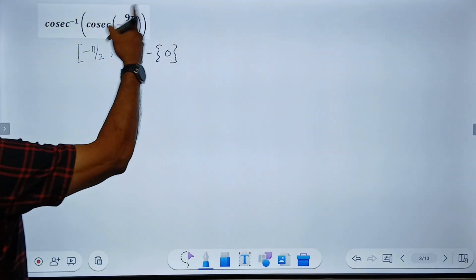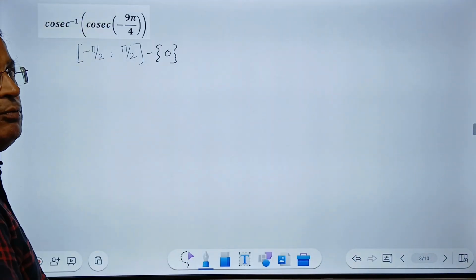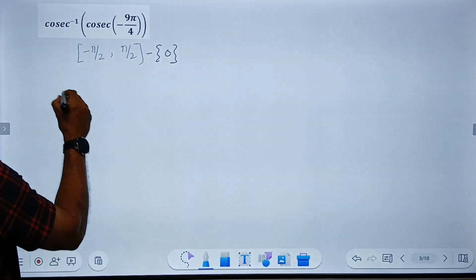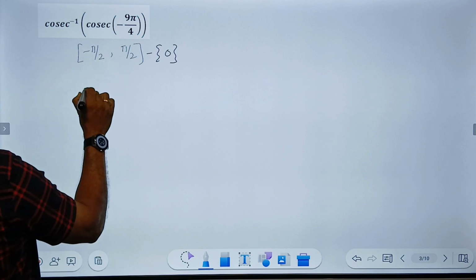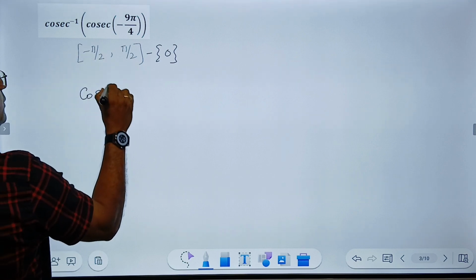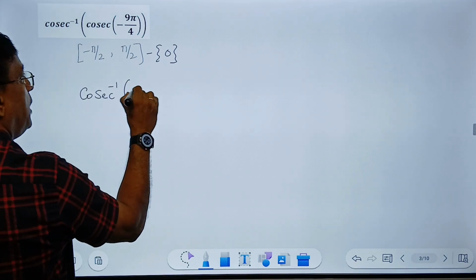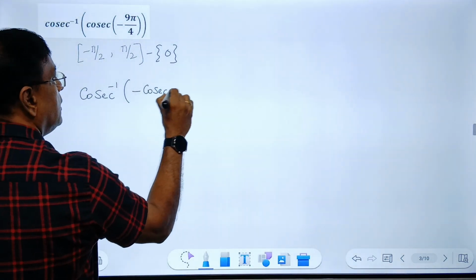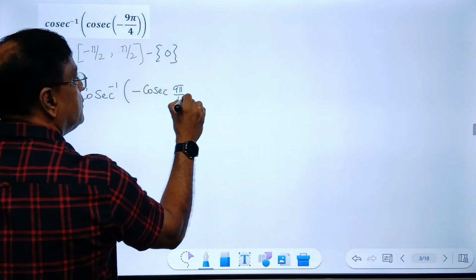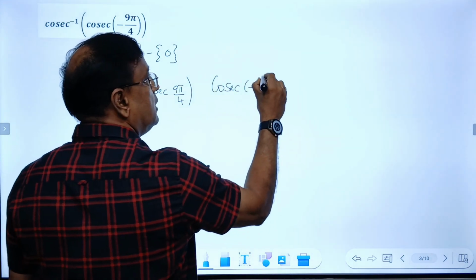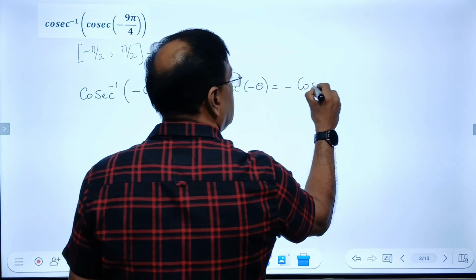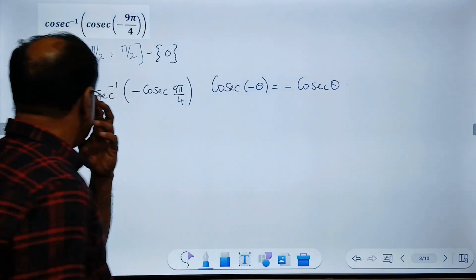So 8 times pi by 4 itself is 2 pi, so 9 times pi by 4 should be outside. So what will I do? This is cosecant inverse of minus cosecant 9 pi by 4. You know that cosecant of minus theta is minus cosecant theta, correct?